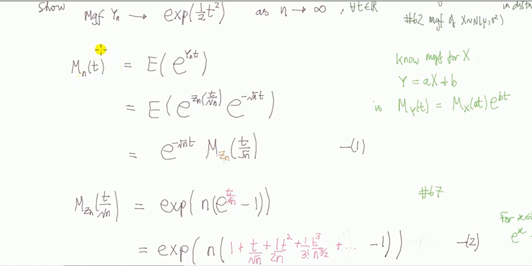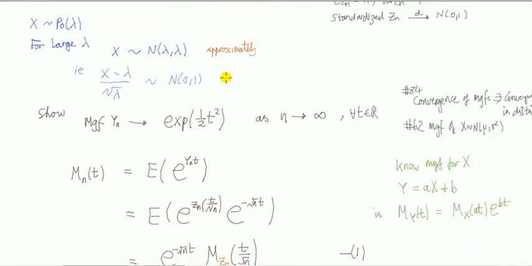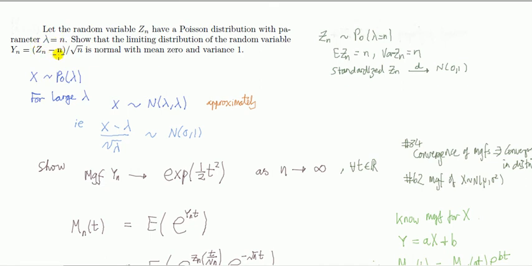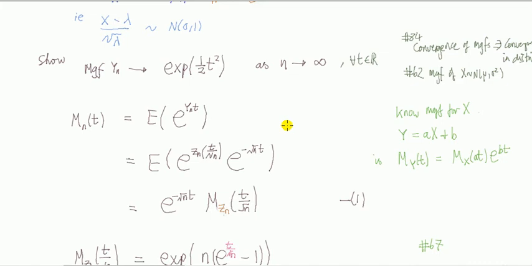Let's use this here to denote the MGF of Yn, the standardized version of the Poisson. Then we substitute for Yn this expression here, which you can see is a linear combination of Zn. Now we use this result here.